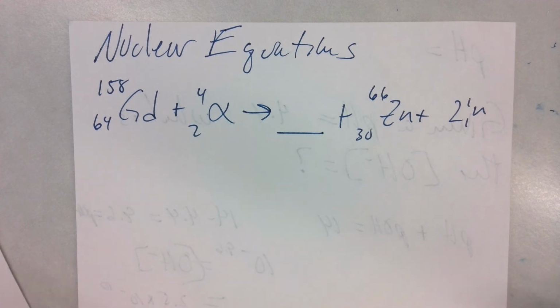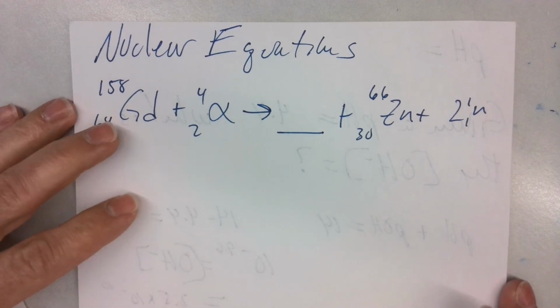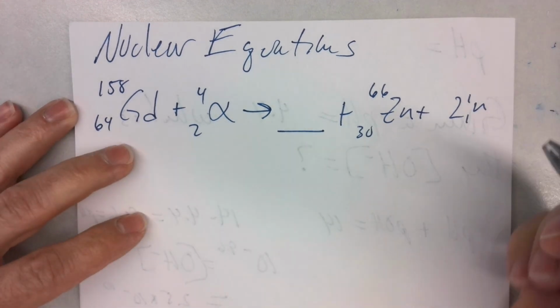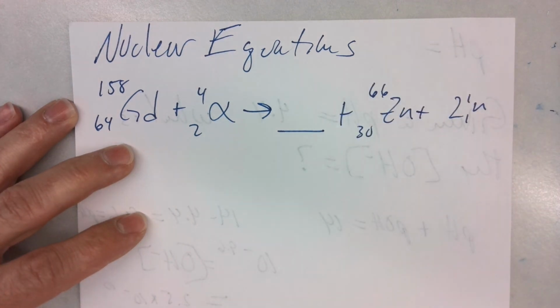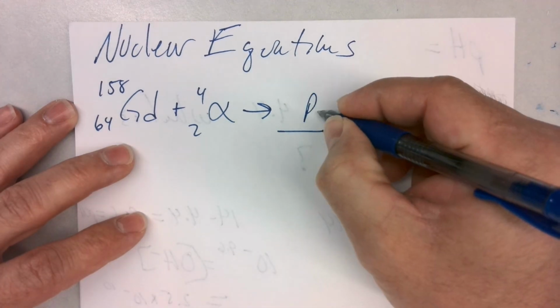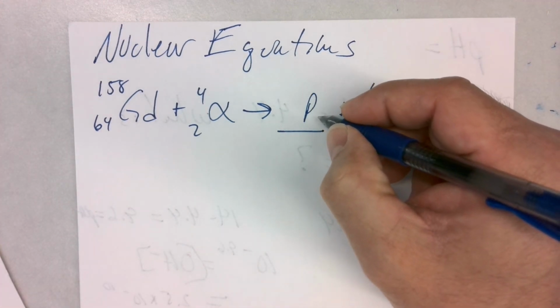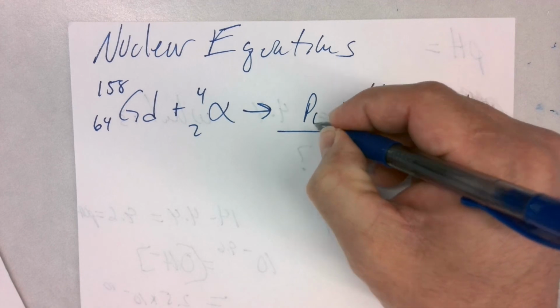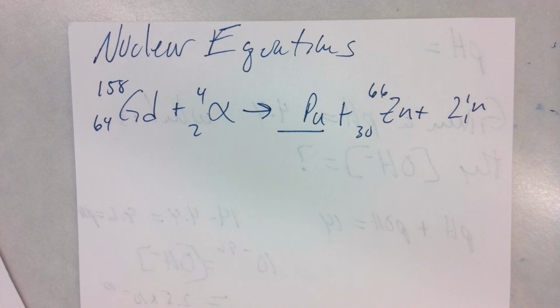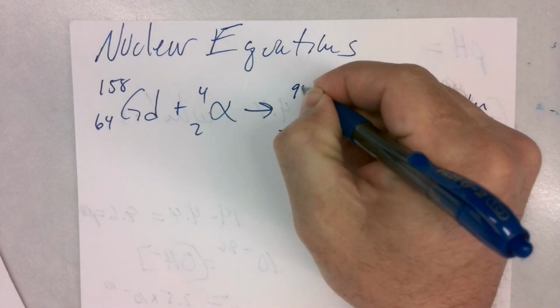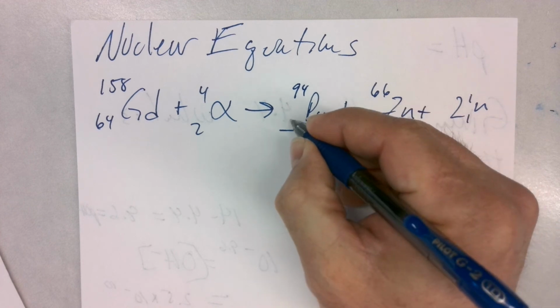Okay, so who was 3? That was me. Butler, what do you got for me? I've got plutonium 94, 34. Plutonium. I think that's right, isn't it? Yeah, it is. Pu 94. No, on the bottom. Sorry, the top is 94. The bottom is what? 34.